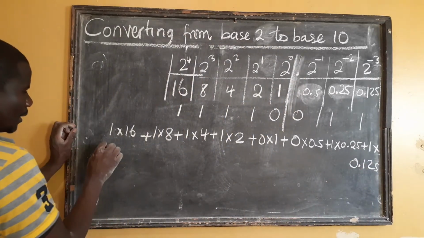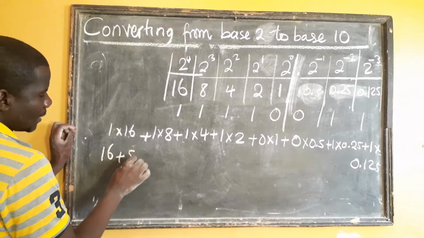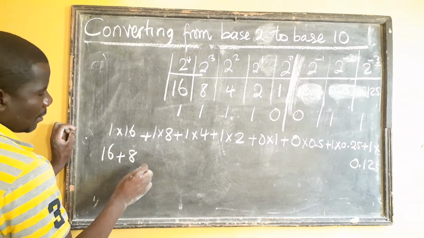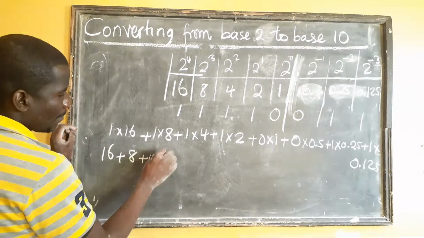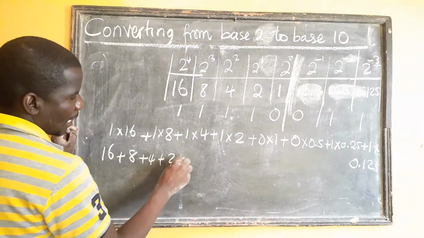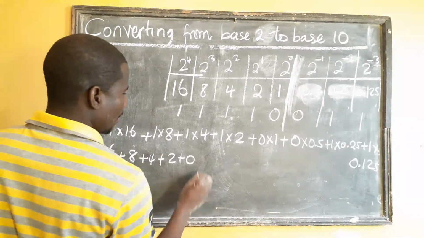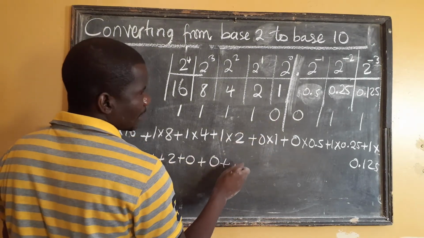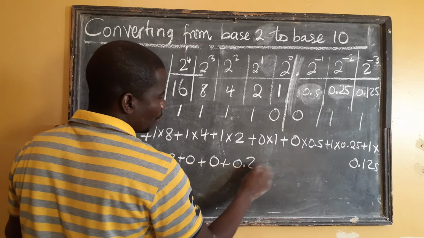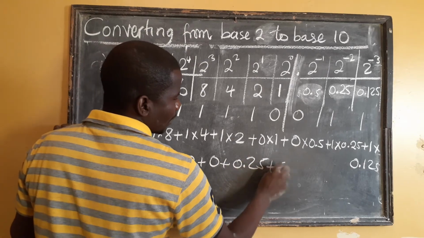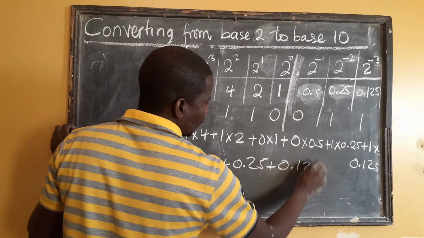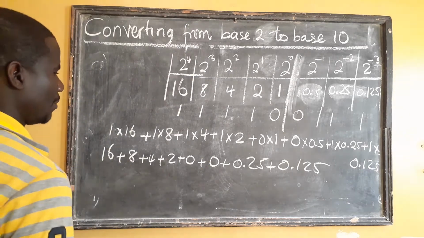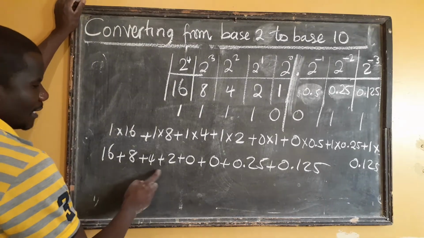So this gives me what? 16 plus 8 plus 4 plus 2 plus 0 and plus 0, another 0, then plus 0.25 plus 0.125. Okay, so we just have to add this.